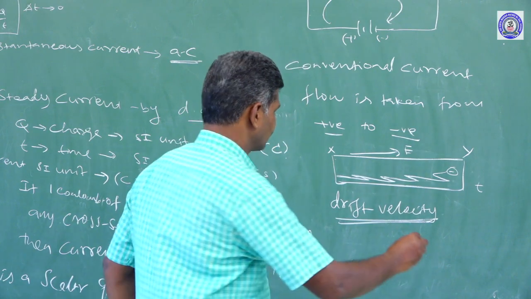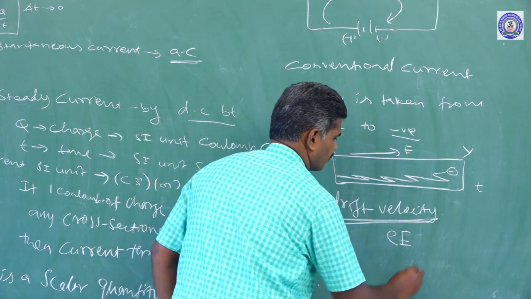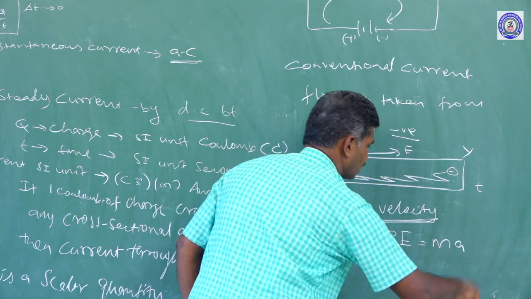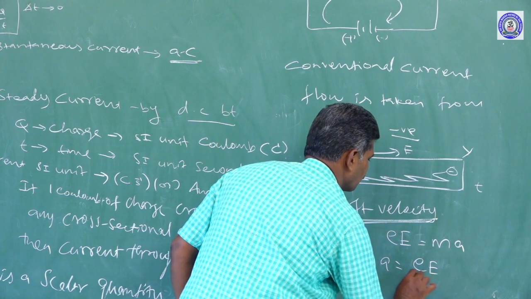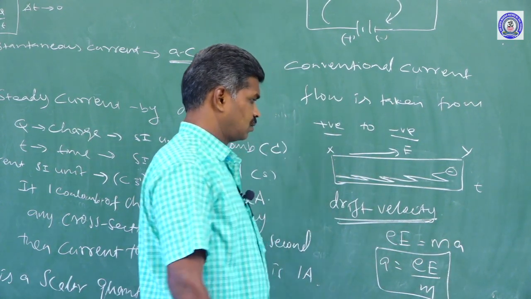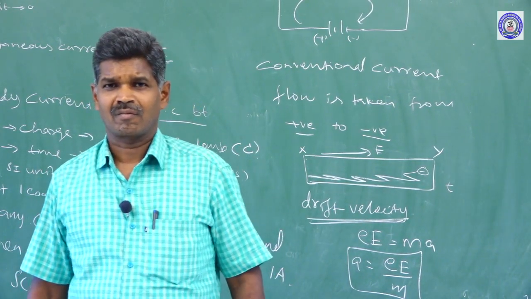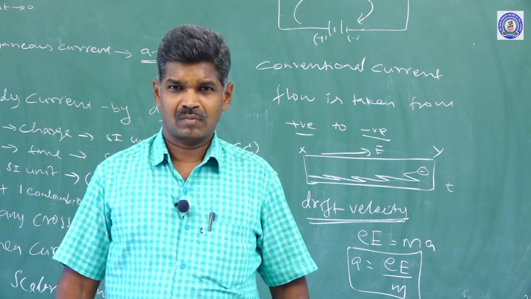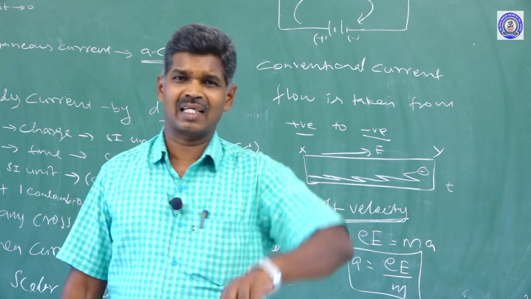So, e E is equal to ma, then a is equal to eE by m. This is the acceleration. Acceleration can be related with velocity and time. Rate of change of velocity is nothing but acceleration.